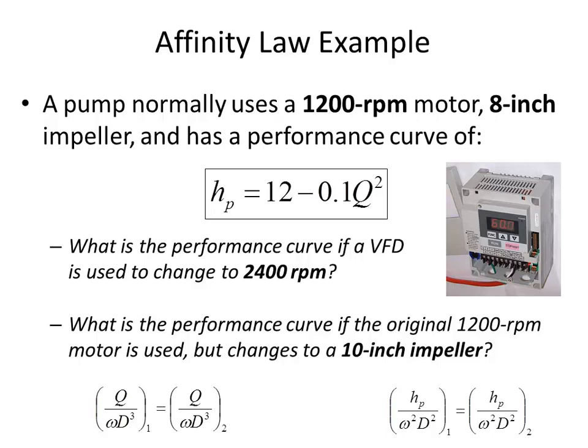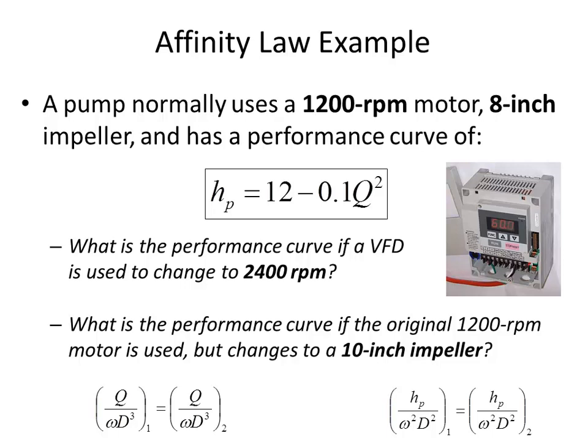Our original pump curve was HP is 12 minus 0.1 Q1 squared. So we substitute in, this was HP1, and it was the flow rate originally, so Q1. Now we substitute in 0.25 HP2 in place of HP1, still the 12 minus 0.1, and substitute in 0.5 Q2. This was the relationship between the flow rate 2 and flow rate 1.